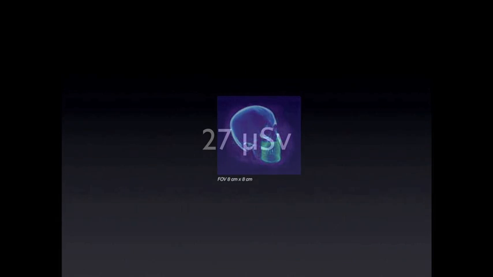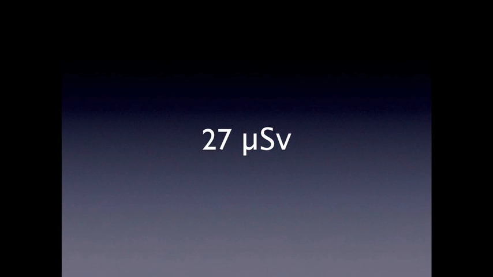This is an 8 by 8 centimeter scan, which encompasses the entire dental arch, including third molars and all root perimeters. The nice thing with this 8.8 second scan is that it is only 27 microsieverts. You'll recall from the Ludlow publications that a digital panoramic scan is approximately 25 microsieverts.